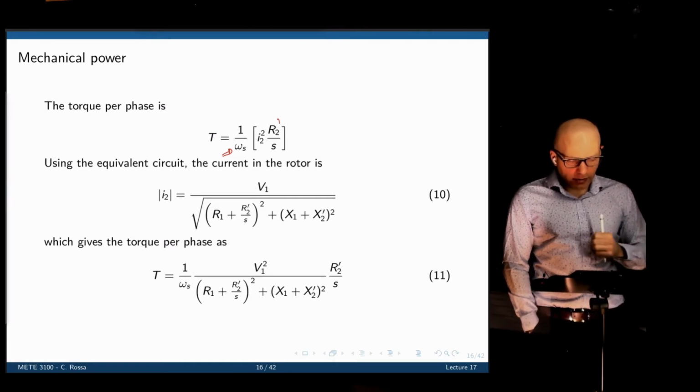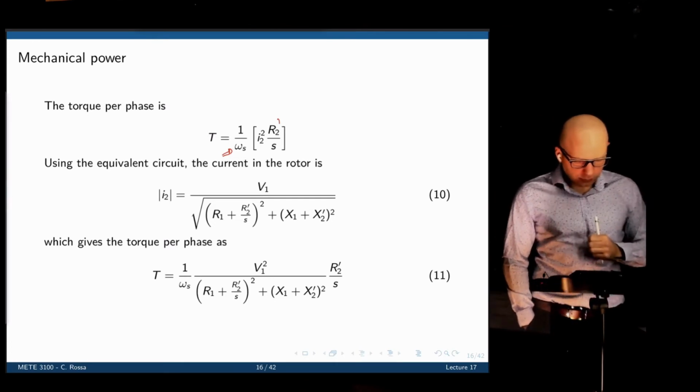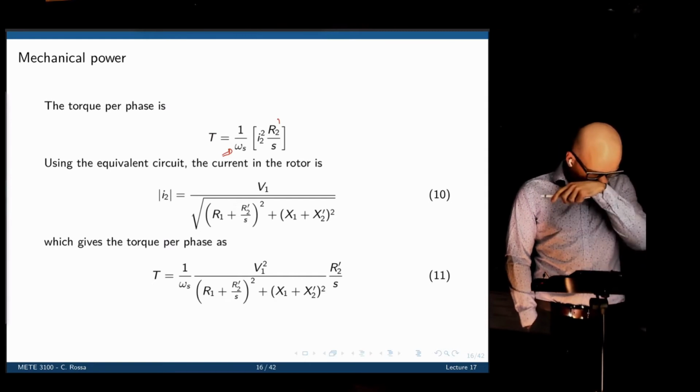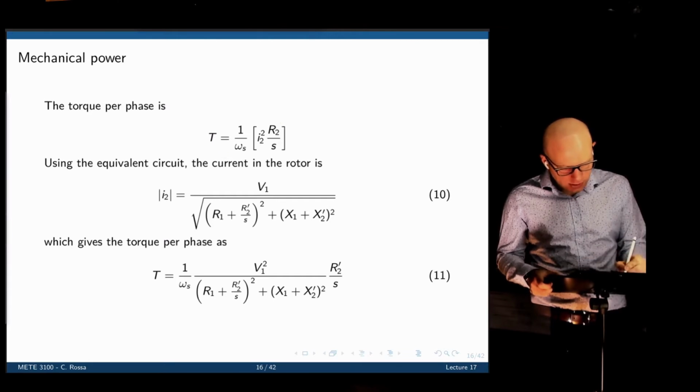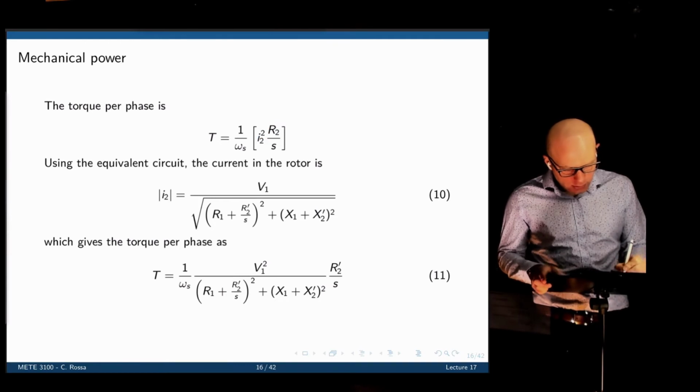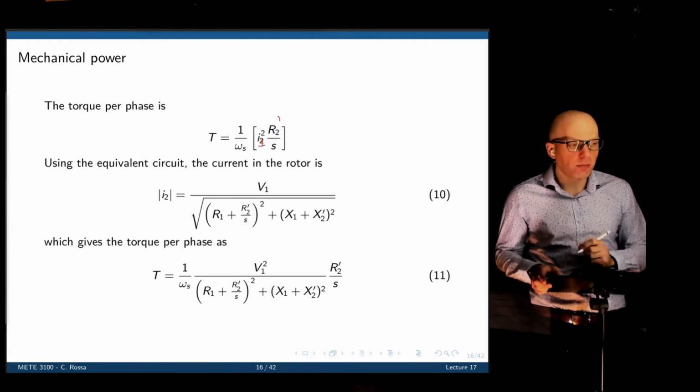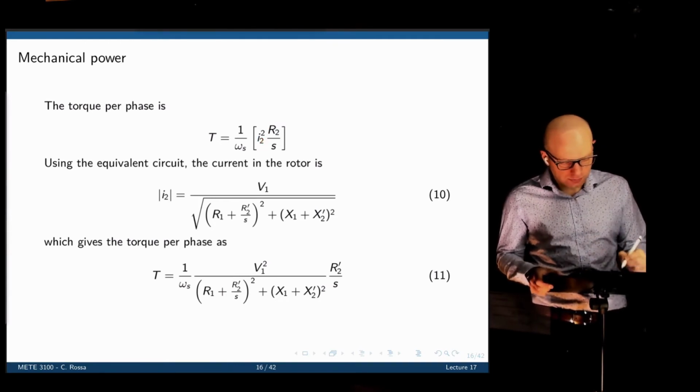We can calculate the magnitude of the current. No, sorry, this was correct. There's no prime here. I made a mistake because this is I2, right? So if it's I2, it's R2. If it's I1, then it would be R2 prime. Okay, so this is correct.